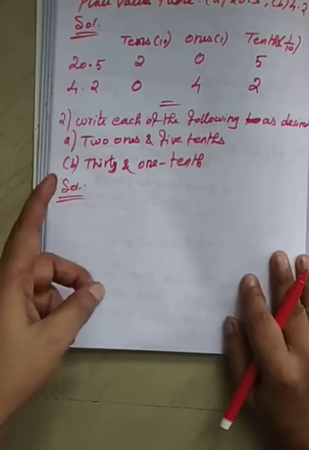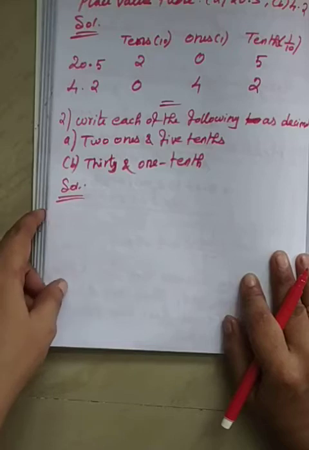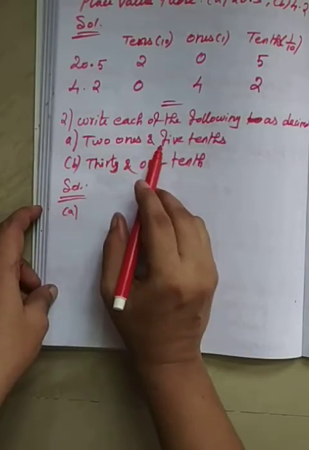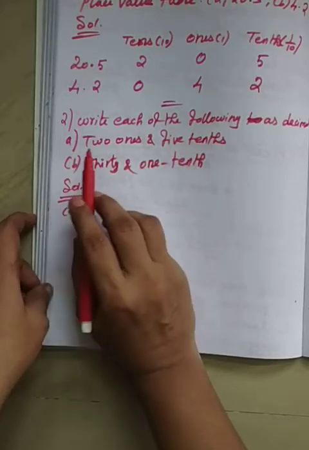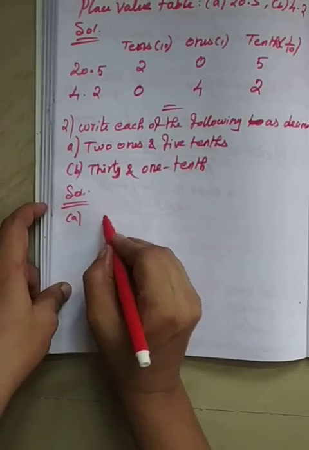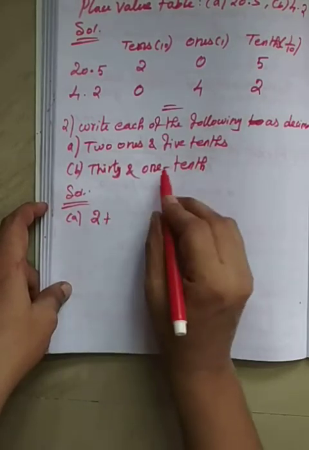What is the question? Write each of the following as decimal. What is the first one? 2 ones and 5 tenths. That means 2 ones, and 5 tenths.